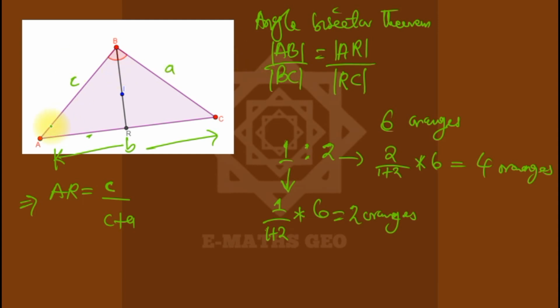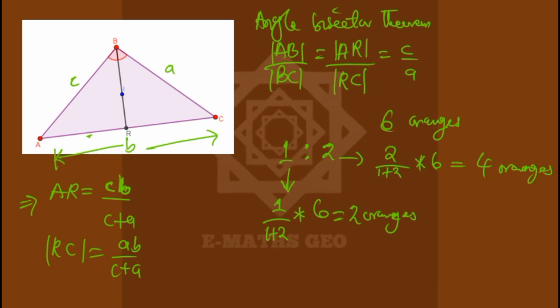AB over BC is C over A. But the actual length is C over C plus A times B, which is the total length. Again, to get RC, that same logic gives A over C plus A times B. So that's the logic now.